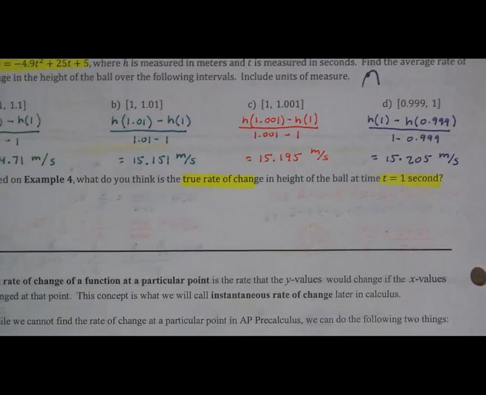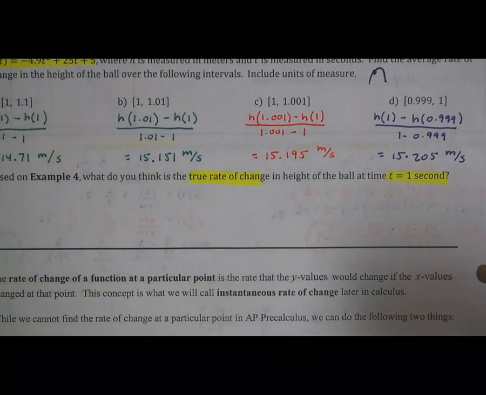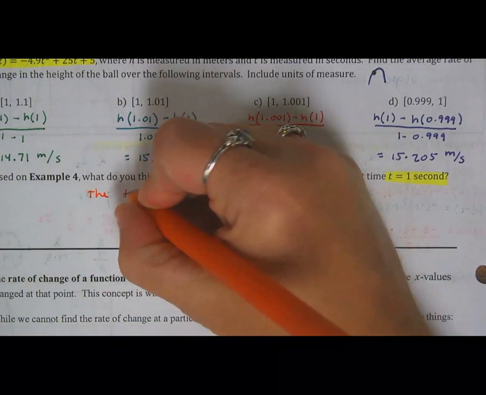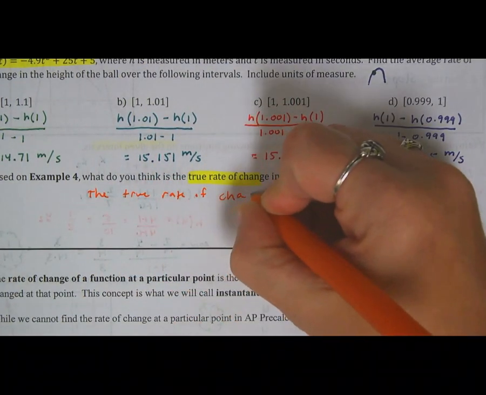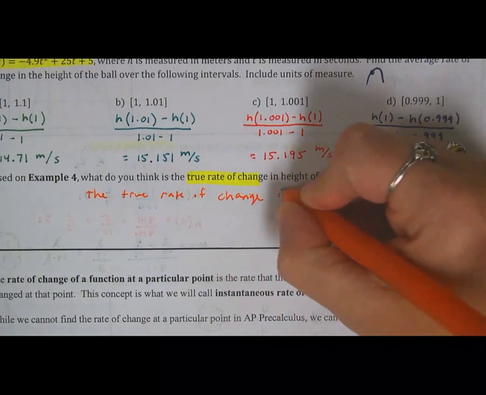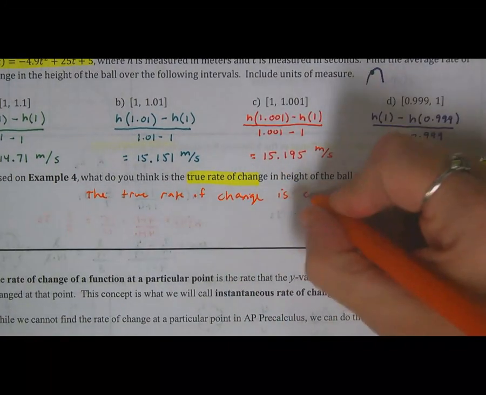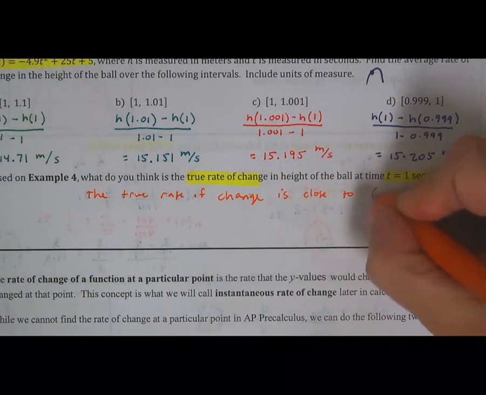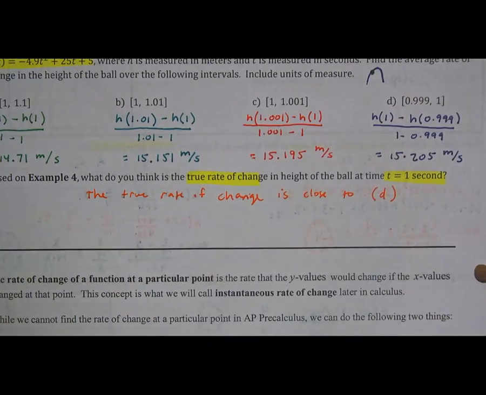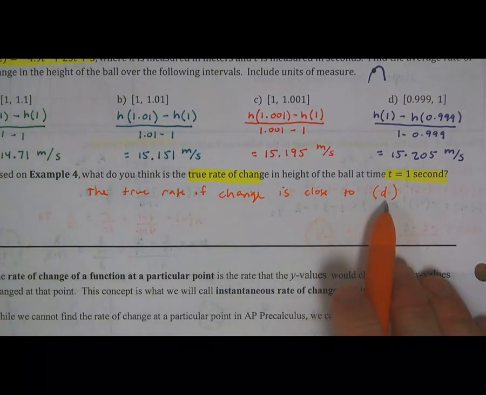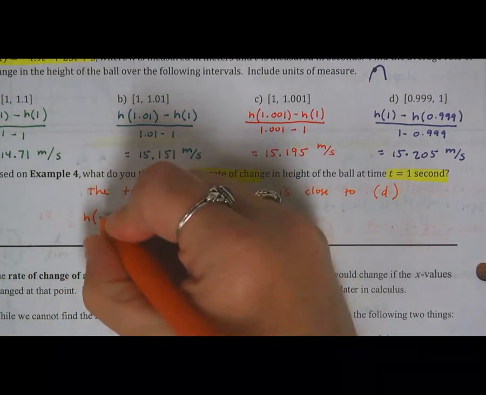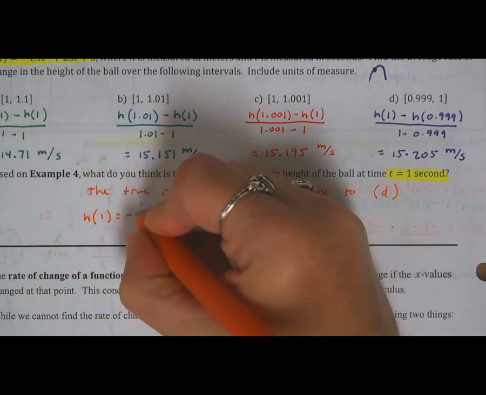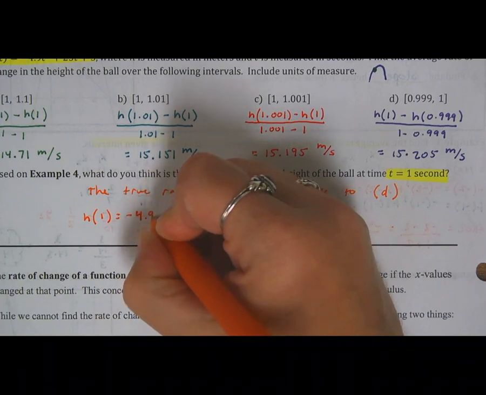So the true rate of change is close to what we got on D. And then I just want you to know you could actually find that by plugging in 1.